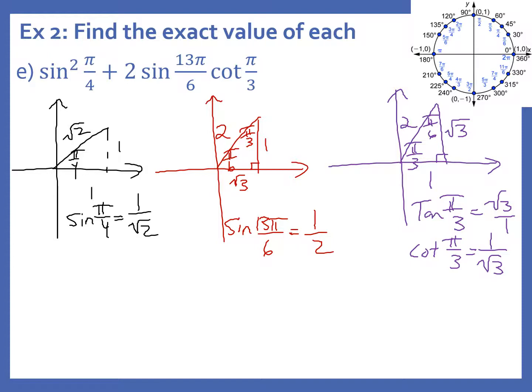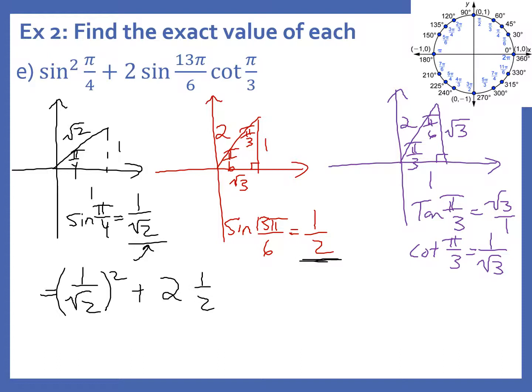So to solve an exact value, sine pi over 4, we got it right here. That is 1 over root 2. And it's sine squared, so we want to square that, plus 2 times sine 13 pi over 6 is 1/2.